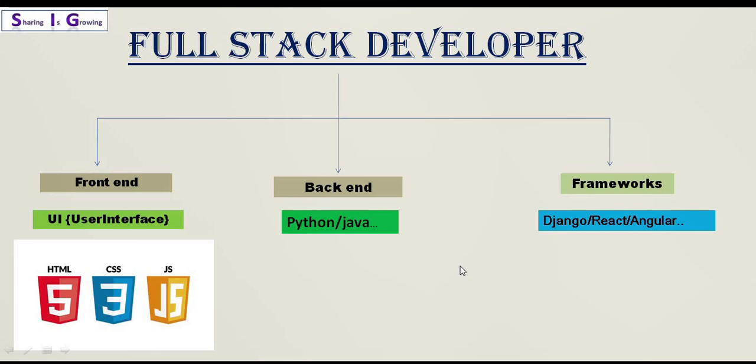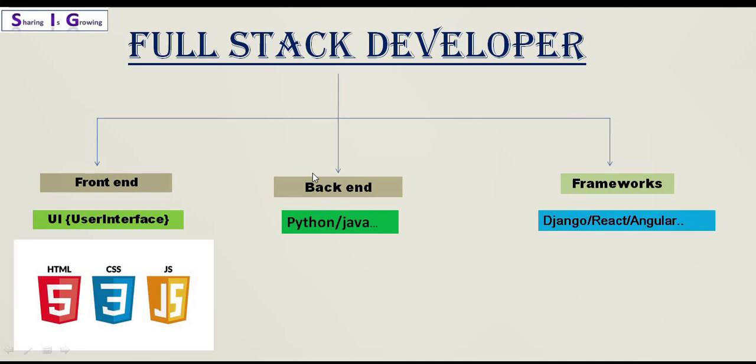Frameworks like Django, React and Angular are applied to the whole development system to give interactivity to websites. These are the tools we use as frameworks. Basically, a full-stack developer is a combination of front-end developer, back-end developer, and frameworks.